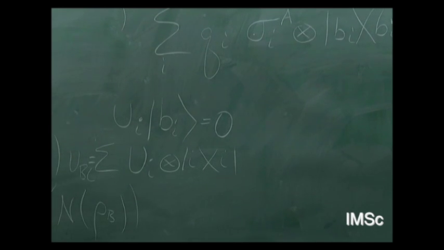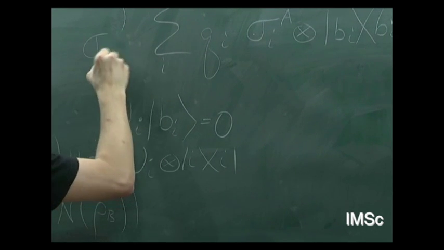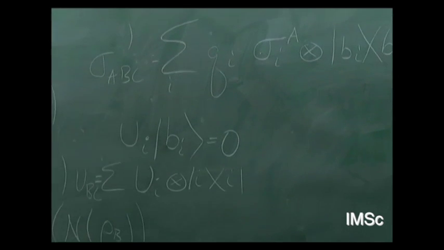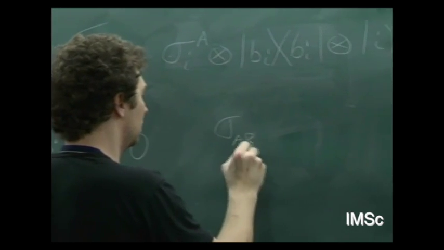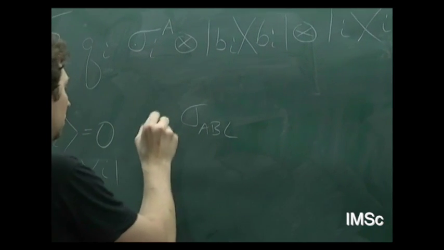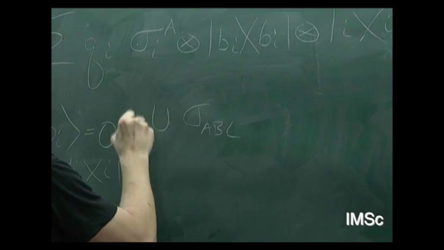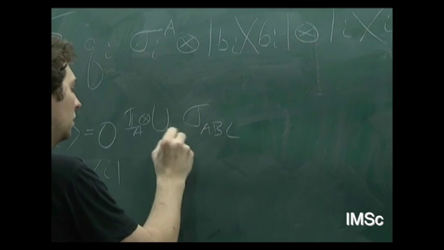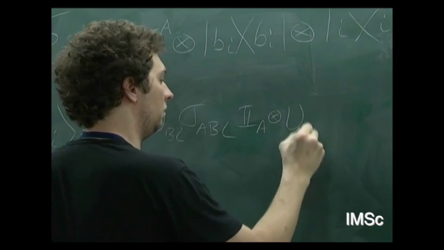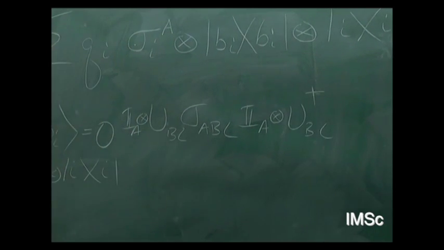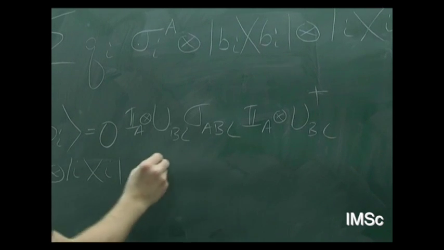Okay? So then if I take sigma ABC here and apply this unitary to it, then the state that I get is just going to be this.